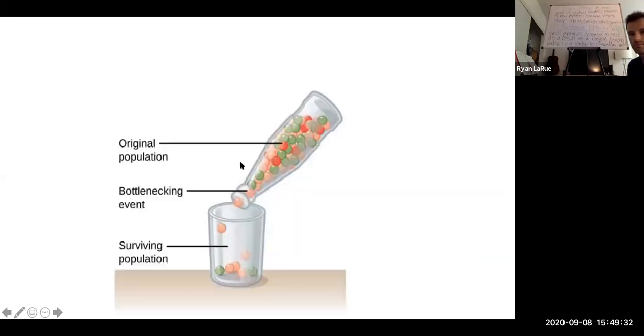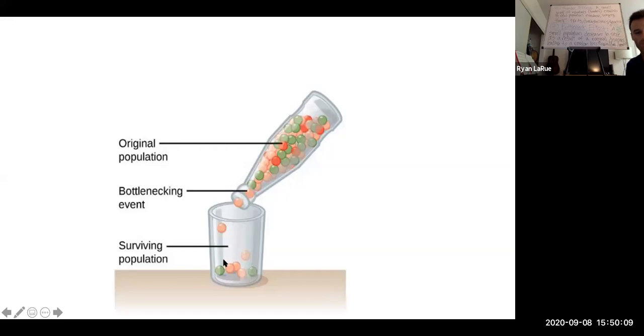By the way, what this represents for the bottleneck: you could say that these red marbles are better adapted individuals, or even, actually, let's say the green are, because there's a lot of green. Let's say they're better adapted, have higher fitness, and a higher chance of reproduction. But now, after the bottleneck, the hurricane or the fire, whatever it is, there's less green than there was to begin with.